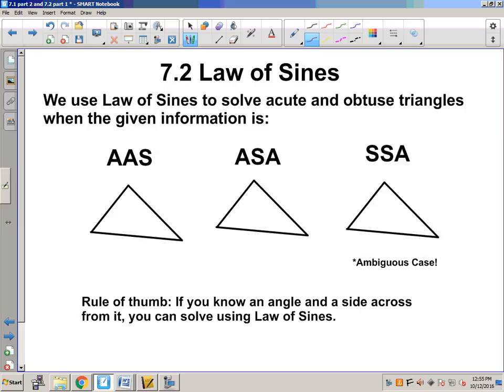The law of sines. So we've been dealing with and reviewing right triangle trig, SOHCAHTOA. Talked a little bit yesterday about the Pythagorean theorem too.